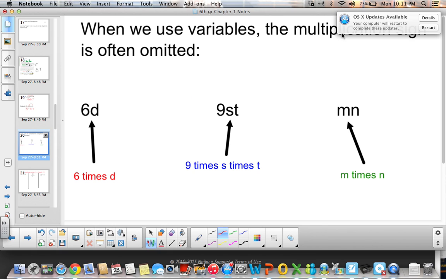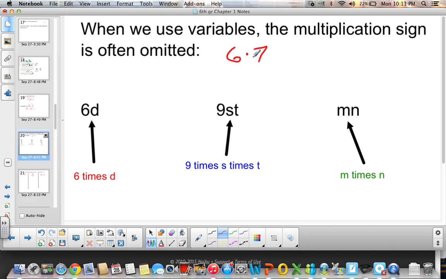Okay, when we use variables, the multiplication sign is often omitted. Remember we talked about when we would do, say, 6 times 7, we're going to start using a dot instead of our x, because our x, as you know, is going to start to be used as a variable.